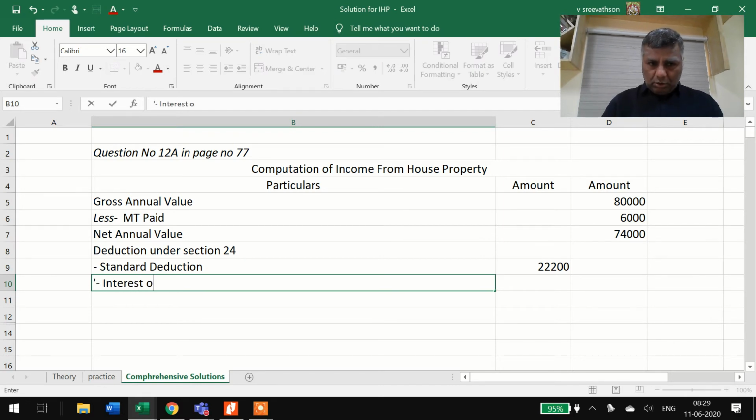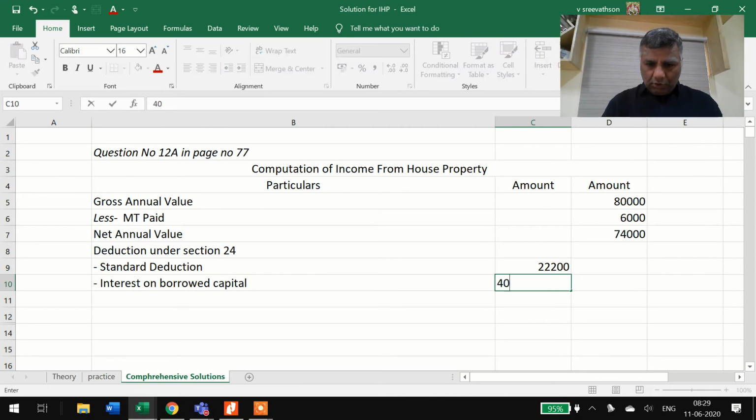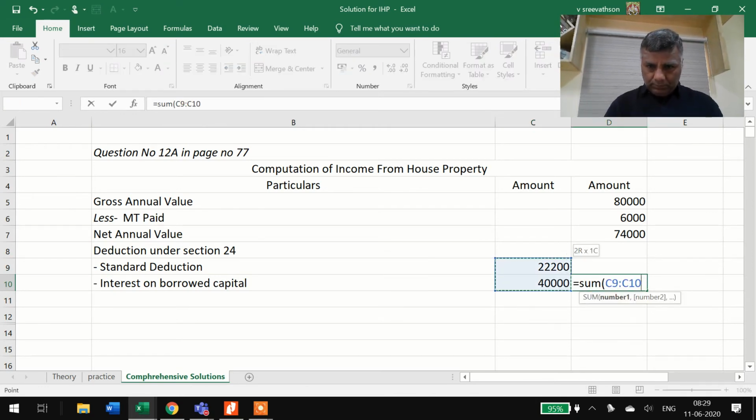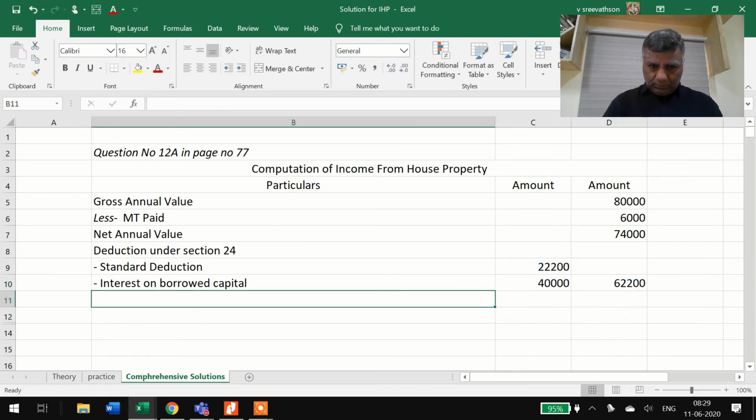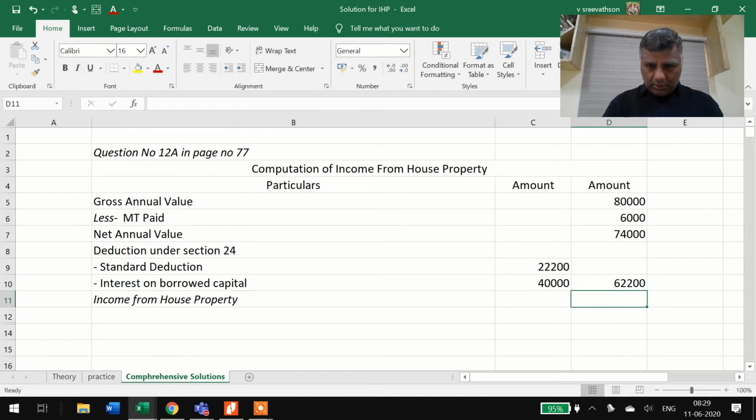Interest on borrowed capital 40,000. Income from house property.